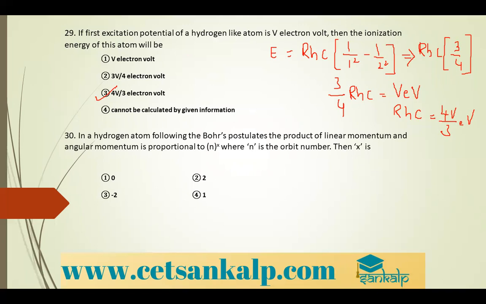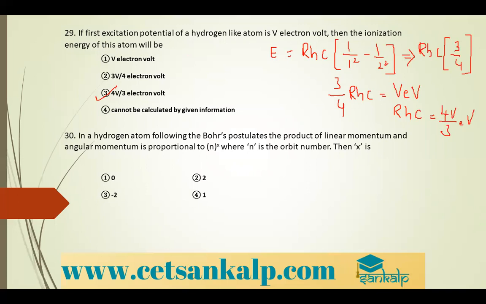So you have to remember the ionization energy formula. In a hydrogen atom, following Bohr's postulate, the product of linear momentum and angular momentum is directly proportional to n to the power x, where n is the orbit number.